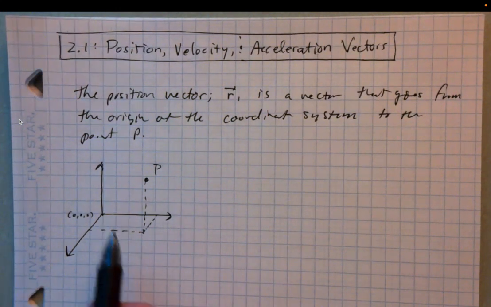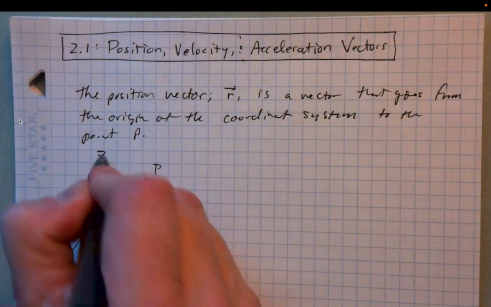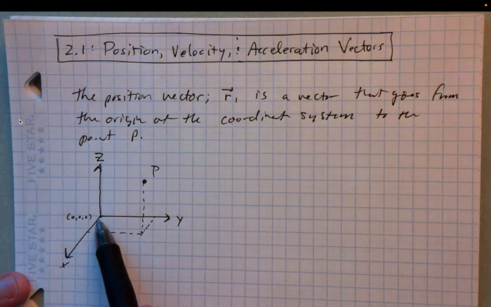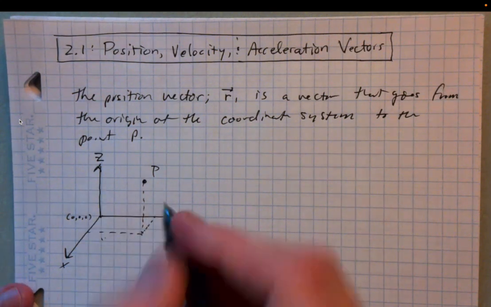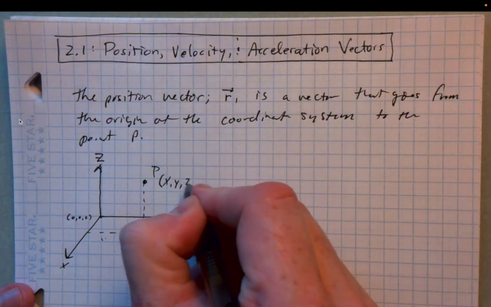Okay, and we'll say this is X, this is Y, and that is Z. Obviously I'm off center on the X-axis, I'm off center on the Y-axis, and I'm clearly extended above the XY plane, so I'm off center in the Z-axis. And so this would be my position here. We'll just call it X, Y, Z.